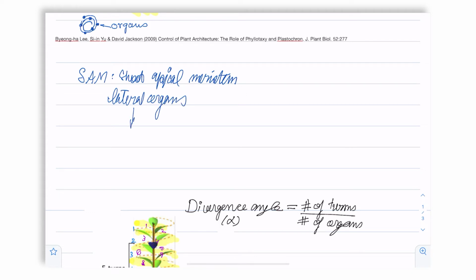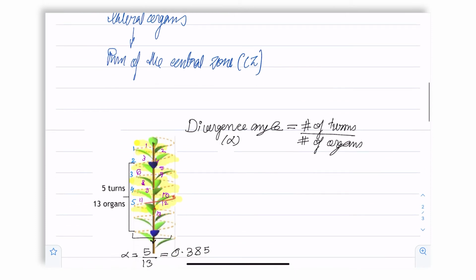This periphery is the rim of the central zone, CZ. So in such a case, the divergence angle can be measured experimentally as the number of turns for a given number of organs.